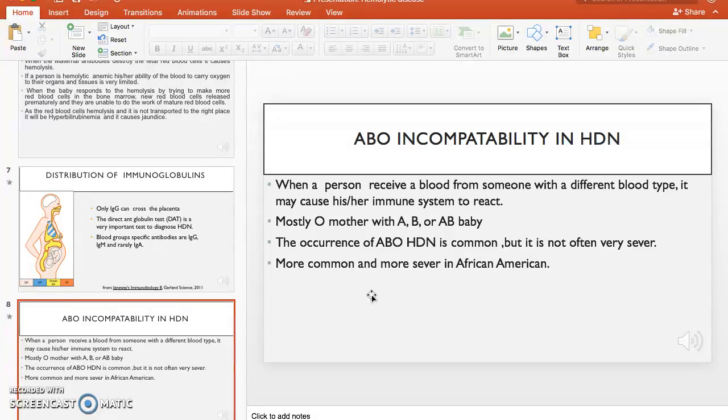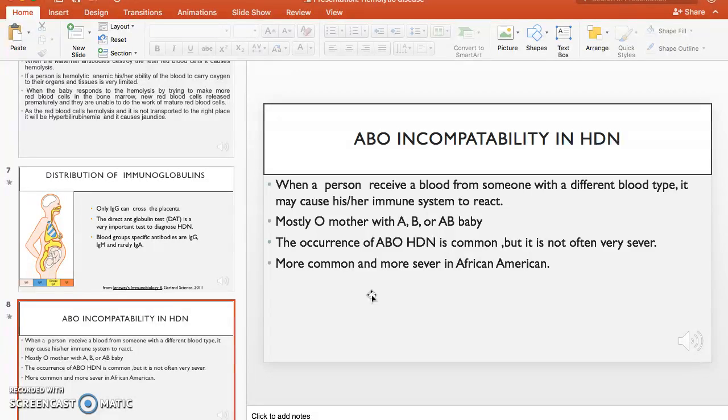So when the baby's blood got something different, it reacts right away and causes hemolysis. In the case of ABO incompatibility, especially in the newborn, mostly the mother is O type and the baby is A type, B type, or AB type.